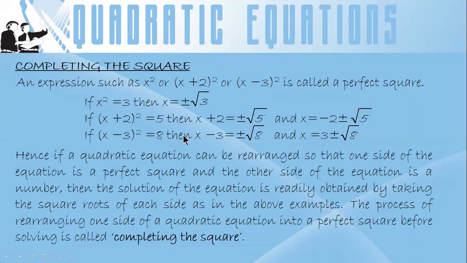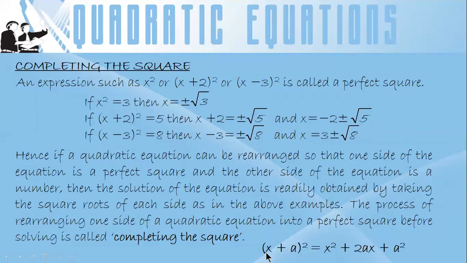If the left is a perfect square and the right is a number, it is easy. You take the square root of both sides. The process of rearranging one side of a quadratic equation into a perfect square before solving is called completing the square.